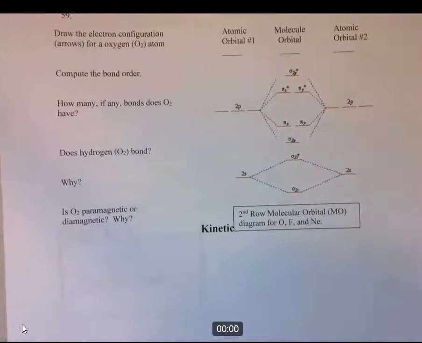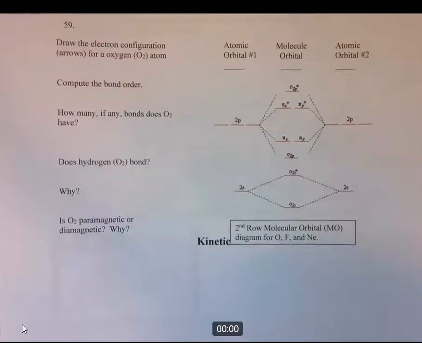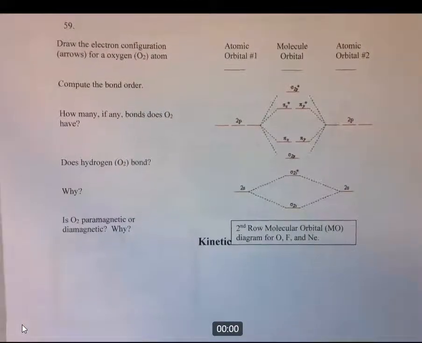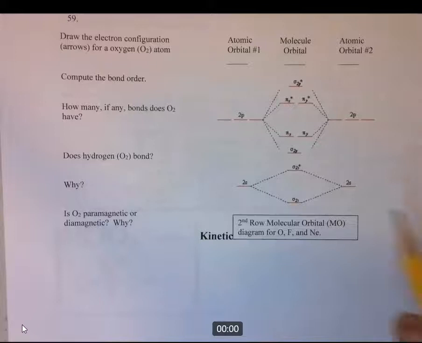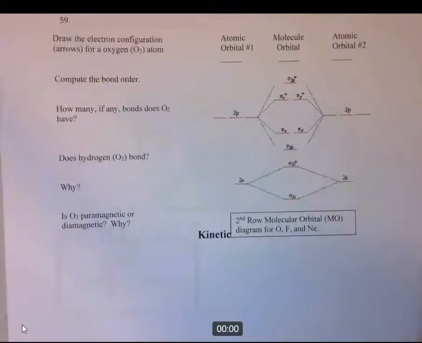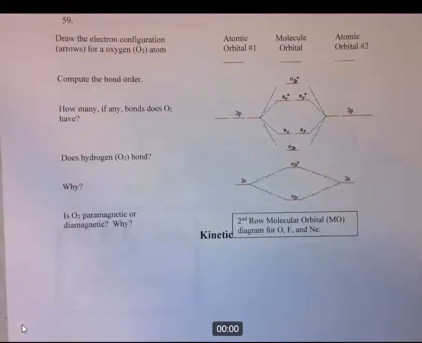Okay, I'm going to give you one on molecular orbital theory here. All right, so this is the molecular orbital diagram. I seriously doubt they would ask you to draw one of these. You should recognize it, though, for the periodic table.